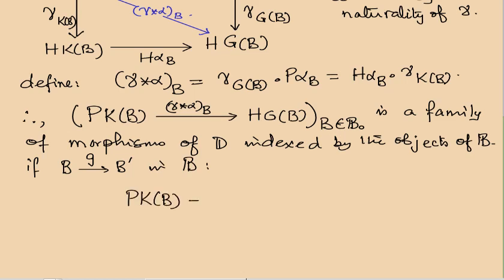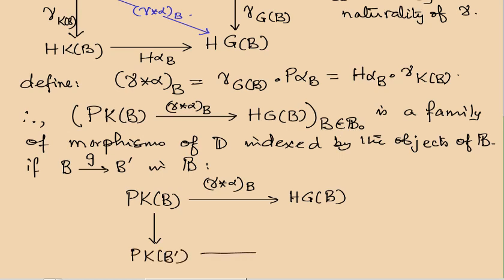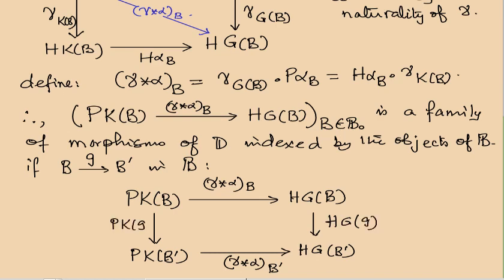PK of B to HG of B is gamma star alpha of B, and PK of B prime to HG of B prime is gamma star alpha of B prime, with vertical maps HG of G and PK of G. You have to show that this commutes.